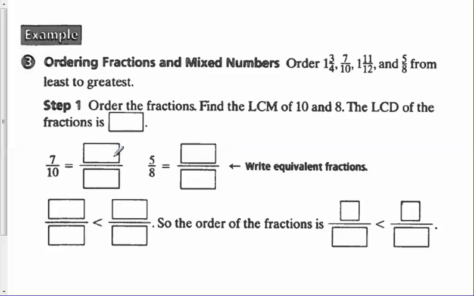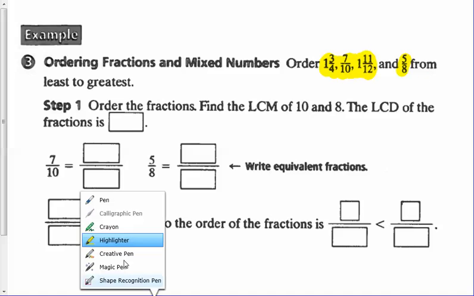So for example 3, now we are needing to order these fractions. And in order to order, we have to compare using common denominators. So ordering our fractions, we'll highlight them so that we keep track of them. We have 1 and 3/4, 7/10, 1 and 11/12, and 5/8.